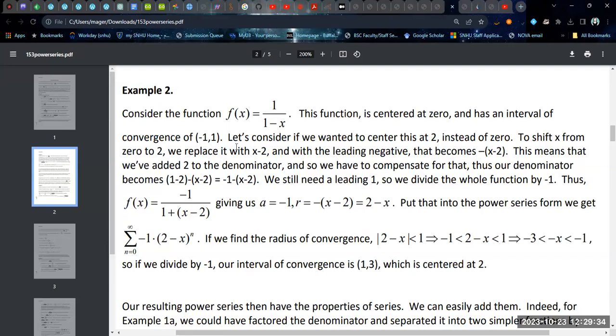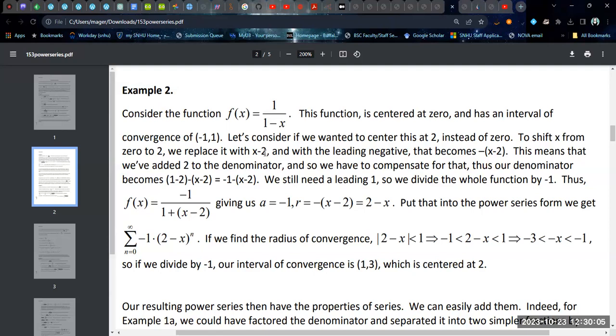Now, essentially, the way that I think about it is, there's different ways to go about it, but if you have 1 minus x and you replace x with x minus 2, which is going to make it centered at 2 instead of 0, then the problem that you're going to have is that now that you've added or subtracted that 2 from the expression, what does that do to the rest of the problem?